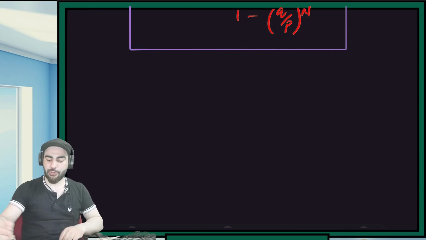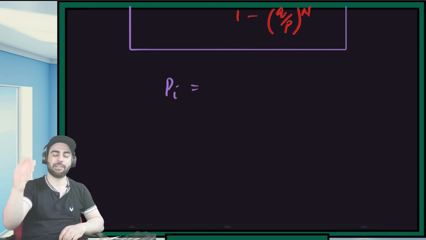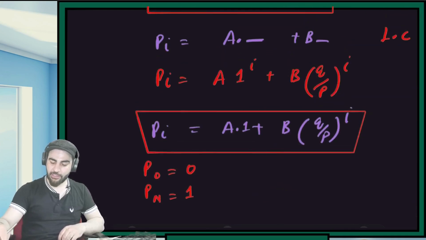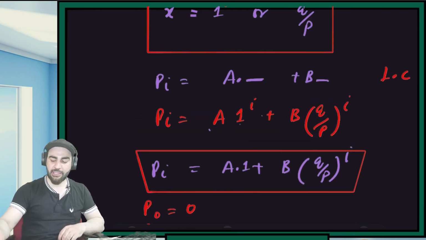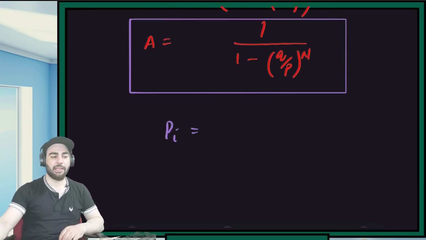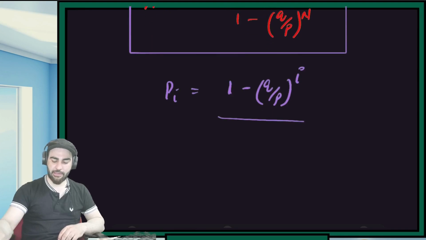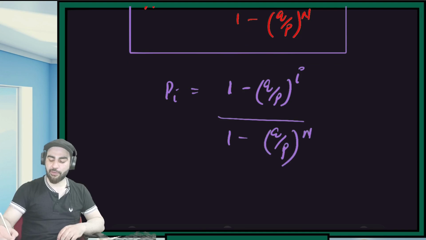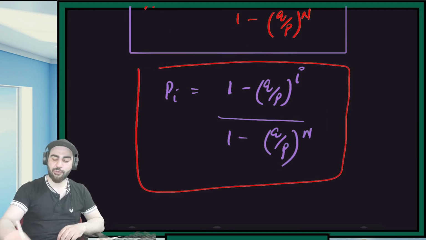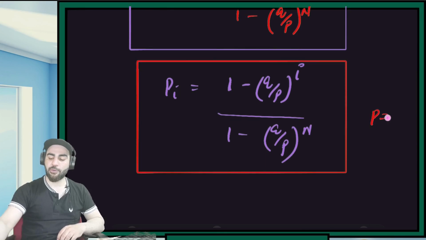So when I substitute a and b in p_i, you can come up with p_i is equal to (1 minus (q/p)^i) divided by (1 minus (q/p)^n). So you have computed the probability of winning. So this is when p is not equal to q.